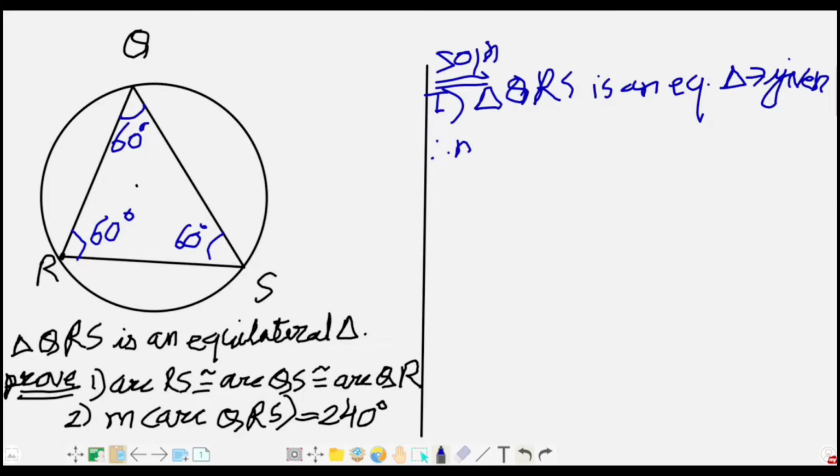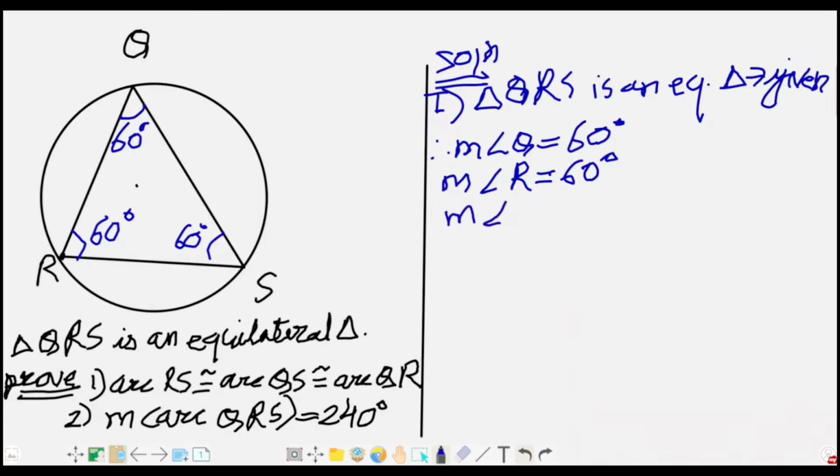Therefore, the measure of angle Q is equal to 60 degrees. In the same way, the measure of angle R is also 60 degrees. The measure of angle S is also 60 degrees. This is the property of an equilateral triangle.